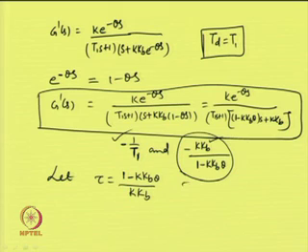So, when tau is small, then this is going to be a large negative number, and thus the pole is pushed far left of the S plane. That is what we wish. So, the tau has to be a small number.